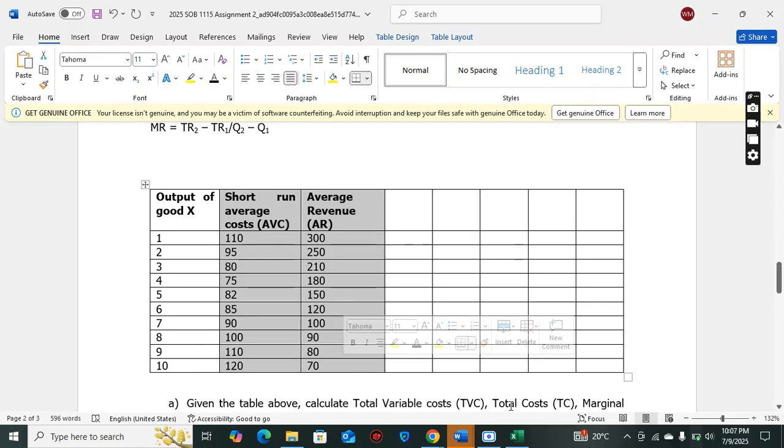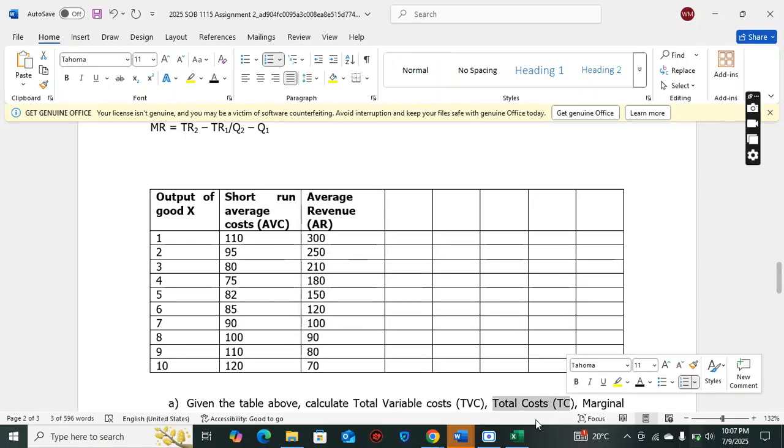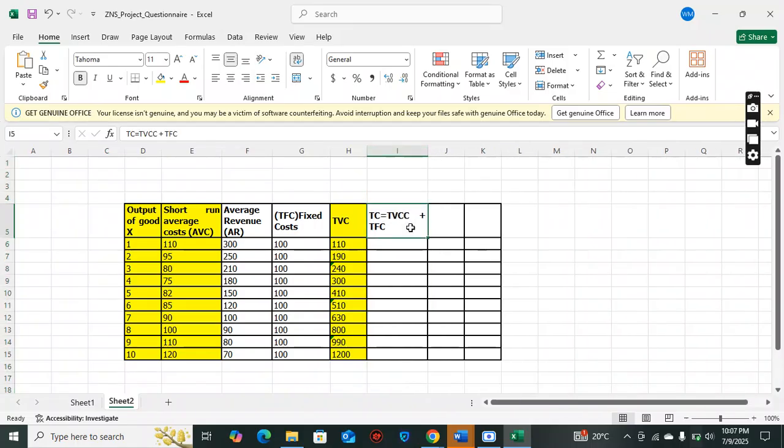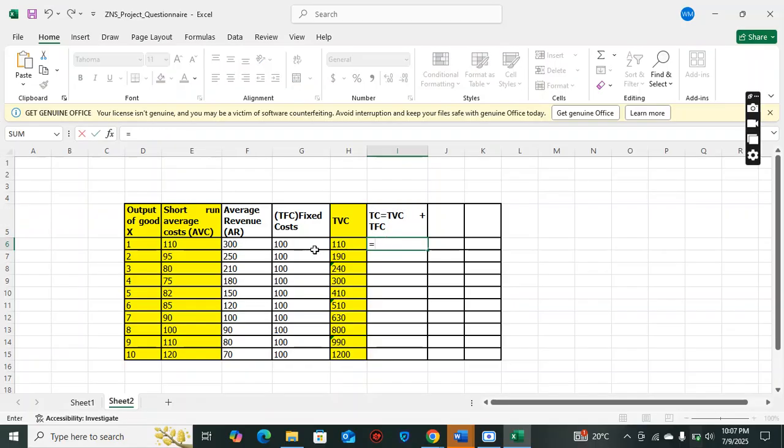Okay, now we need to find our total costs, TC. TVC plus TFC. So here our total fixed cost 100 plus total variable cost 110 is 210.